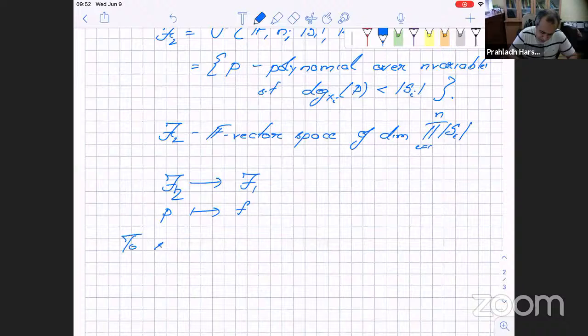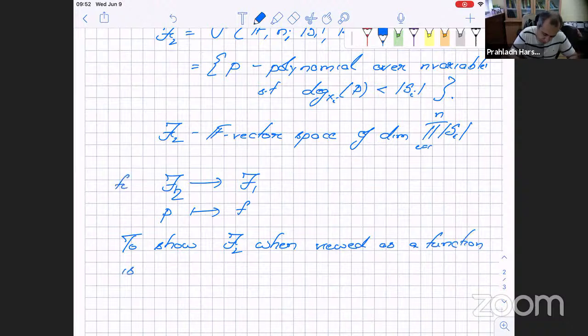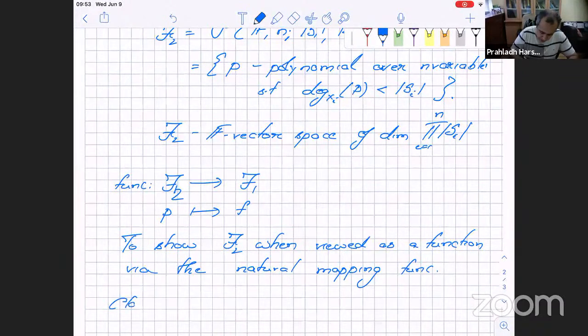To show F2, when viewed as a function via the natural mapping, the claim is the function map is bijective.